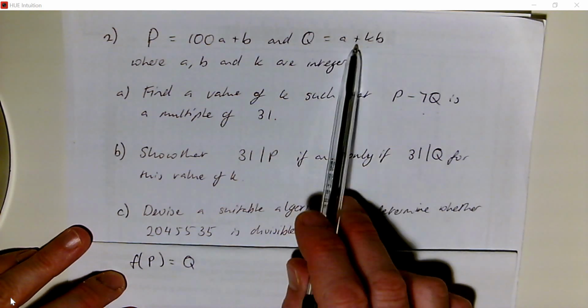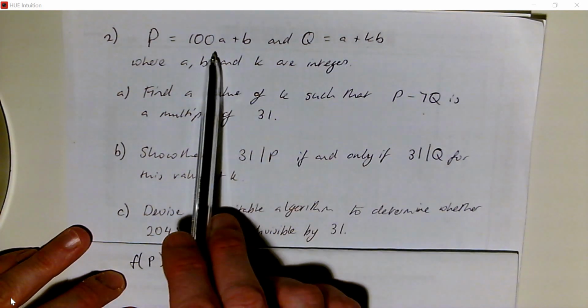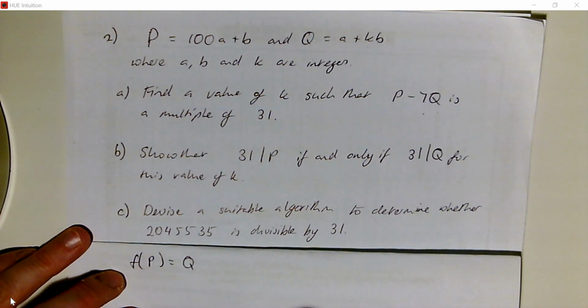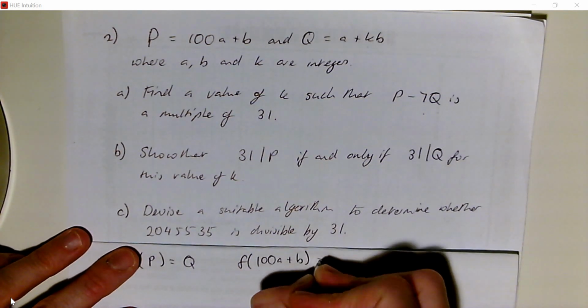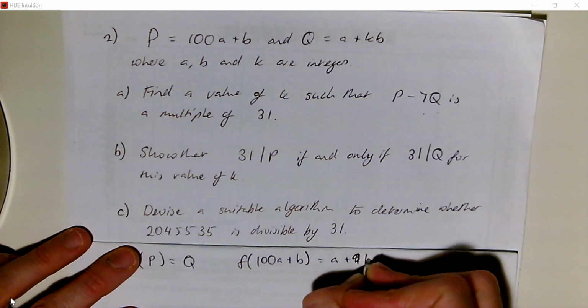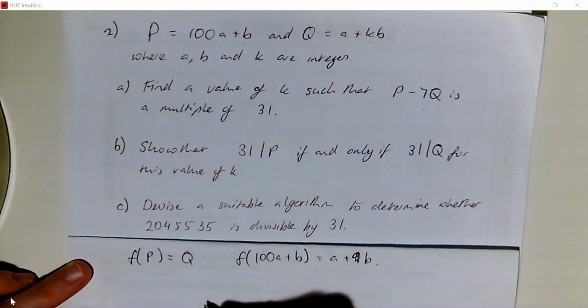And then if we take that number and rewrite it in this format, if 31 divides this one, it must also divide that one. So that's the basis for our algorithm. So we're going f of 100a plus b is equal to a plus 9b. Okay, so that's what we're going to use.